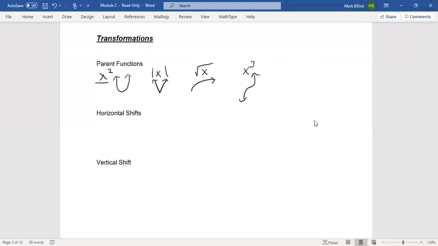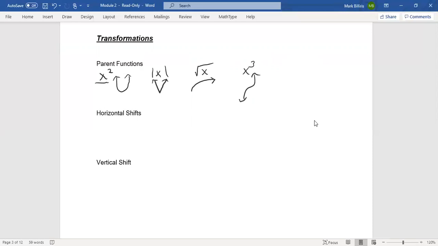Now, transformations are the shifting of our parent function from their original points. So we're going to talk about horizontal shifting, vertical shifting. We're going to talk about reflections on the x-axis and on the y-axis and how to identify it. So let's look at the parent function, the x squared.